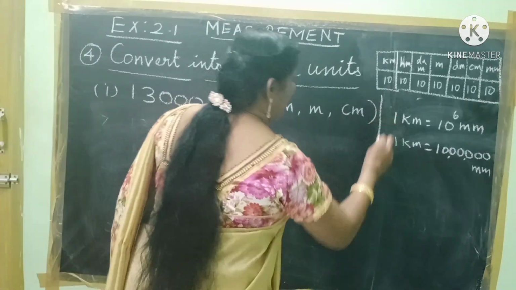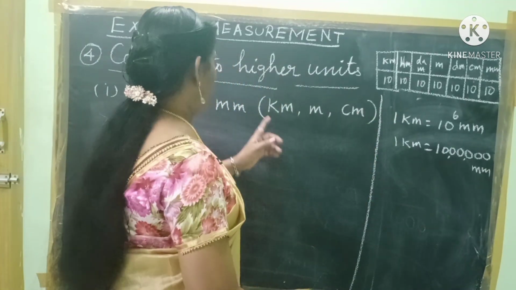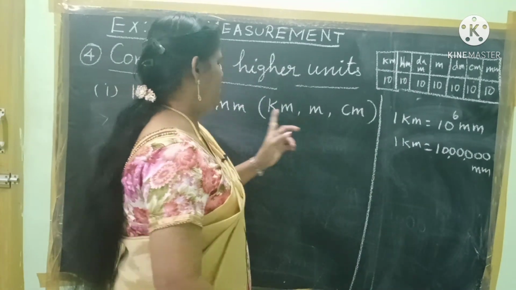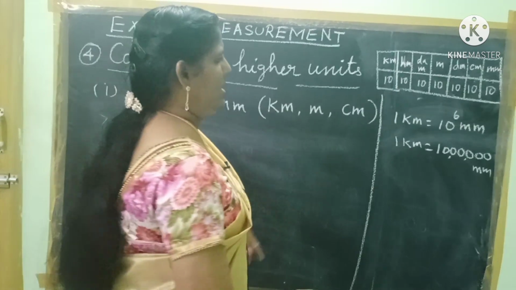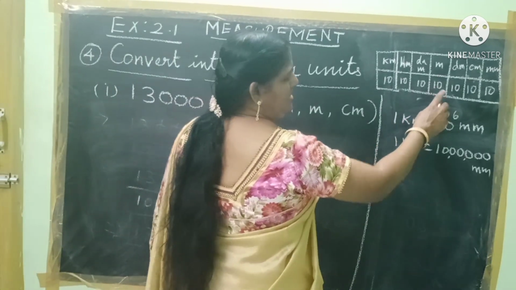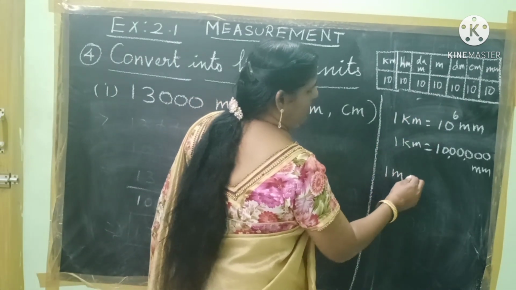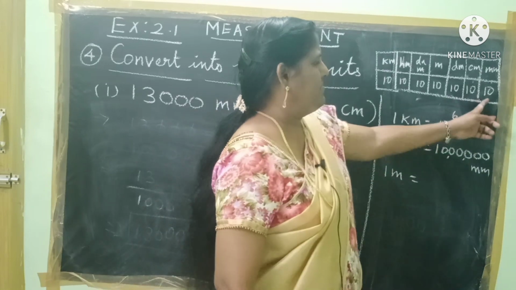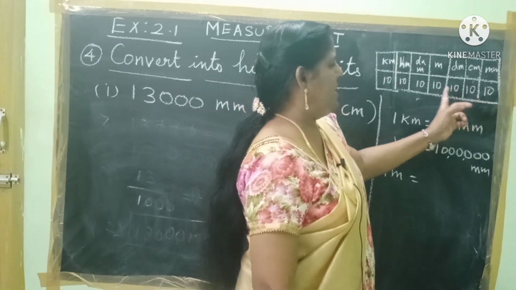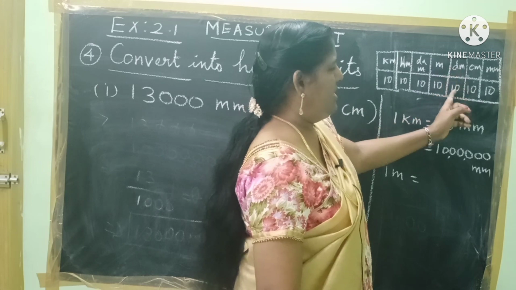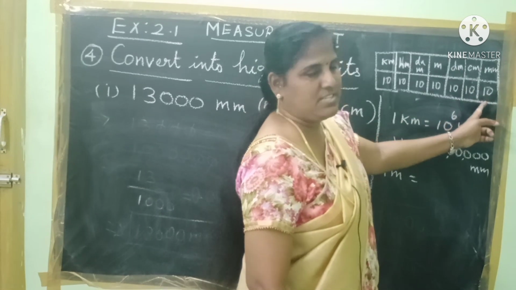The next one is, we need to change millimeter to meter. Where is meter here? One meter is equal to how many millimeter? What is the power of tens? Just leave the meter for the next power. How many powers of ten are there?